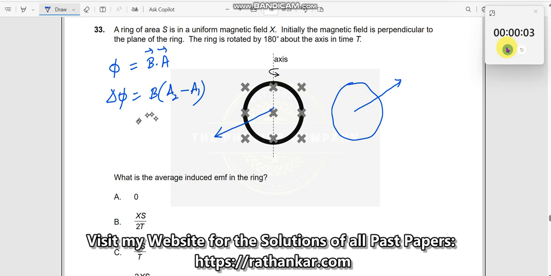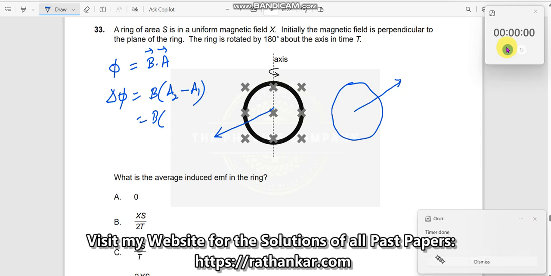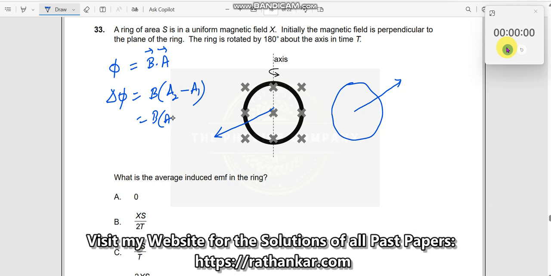A2 and A1 are the same in magnitude, so I can write this as A in this direction minus, and A in the other direction is nothing but minus A. Let me give some numbers: if this vector is 3 units, 3 times z cap, then this one would be 3 in the opposite direction, minus 3.